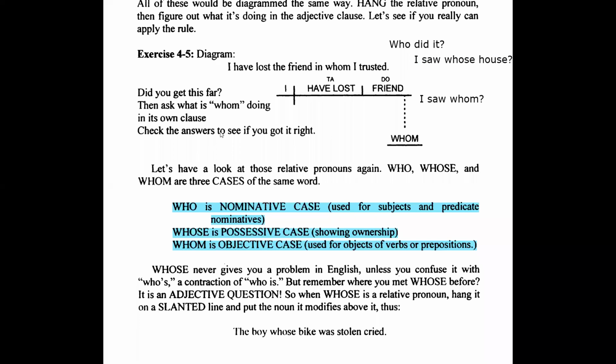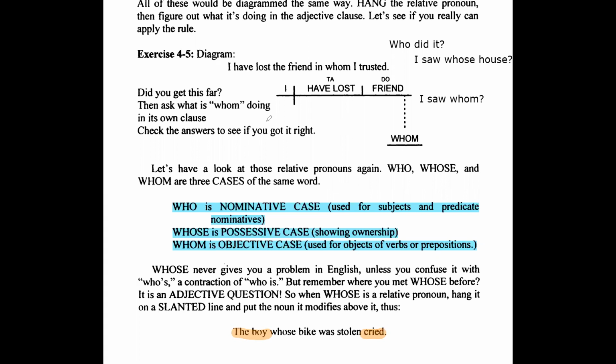Do your steps. Identify the main clause. The boy, well, let's use the same color we used earlier. The boy whose bike was stolen cried. Okay, what is the boy doing? The boy cried. Okay. Then we have the relative pronoun whose, and then the adjective clause, whose bike was stolen.